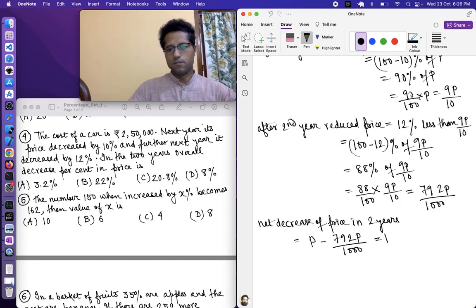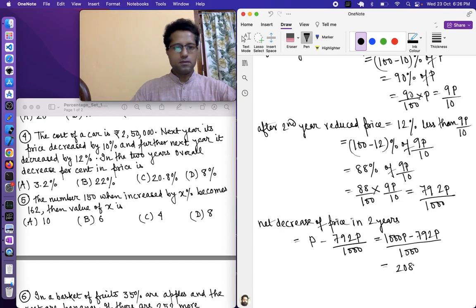This is equal to 1000P minus 792P divided by 1000, which is 208P divided by 1000. So this is the net decrease of price.